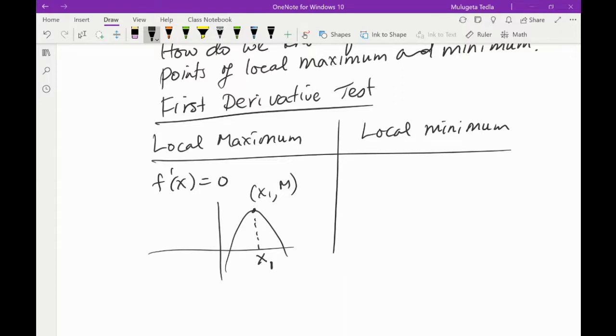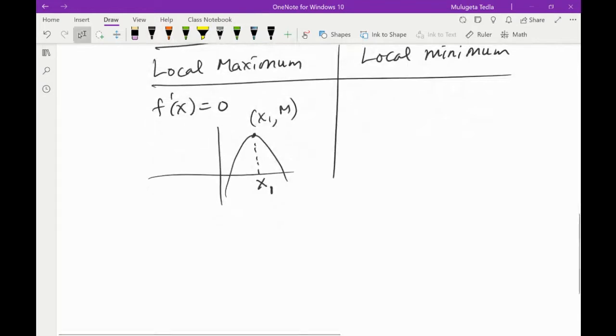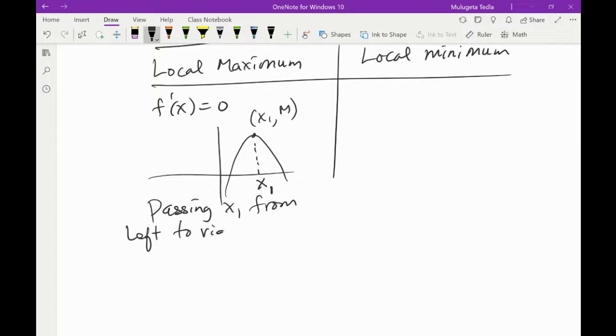The slope when you're passing x1 from left to right changes from what? What was the slope on the left side?